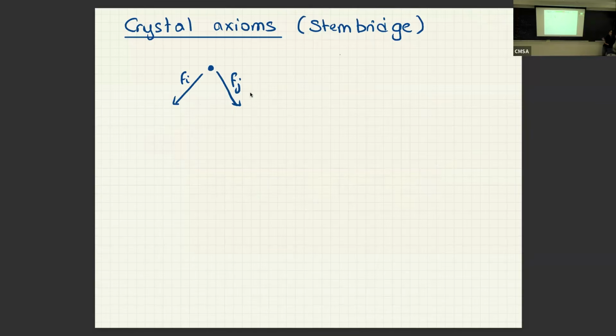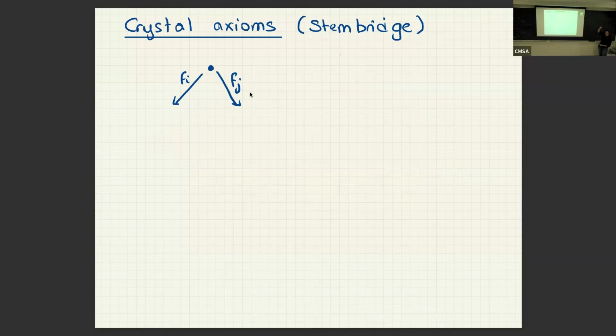Okay. So these crystal graphs have many, many nice properties. In particular, if I give you a graph with a set of vertices and a set of edges labeled f_i, you can check with certain axioms whether this is a crystal graph or not. In type A_n, this was done by Stembridge, but that also works with other types. There are some very strong axioms, and let me give you a couple.